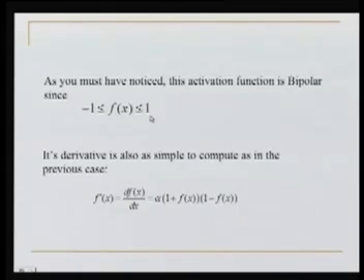So, we say bipolar activation function, and as we derived earlier, you can verify that the derivative of this activation function f x with respect to x is alpha into 1 plus f x into 1 minus f x. Again, it is a very simple computational form.